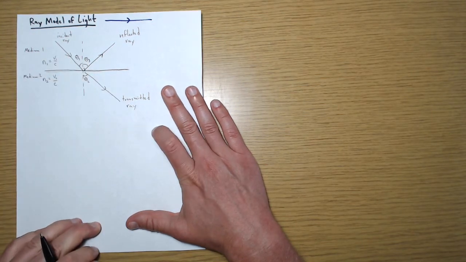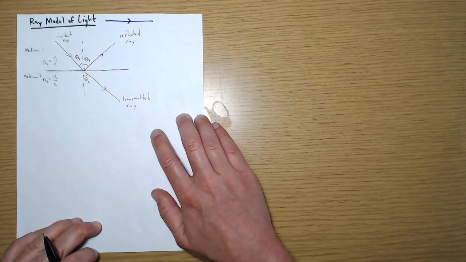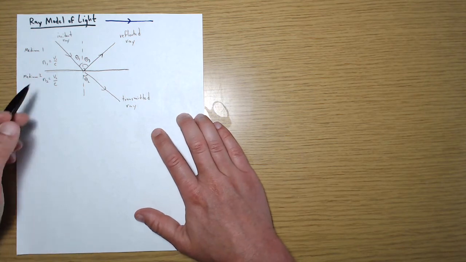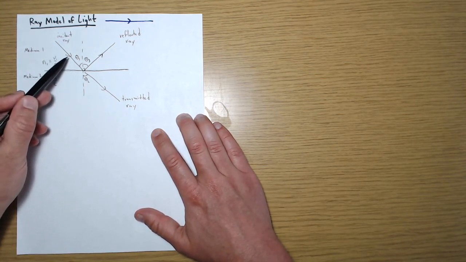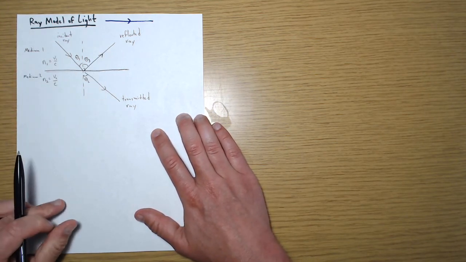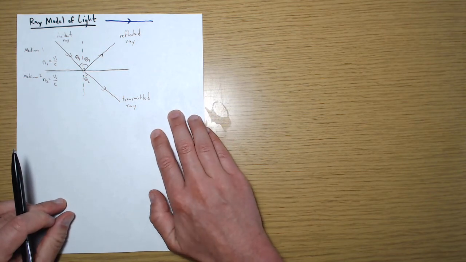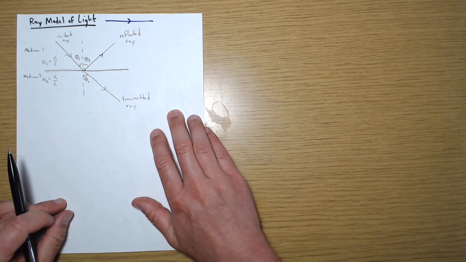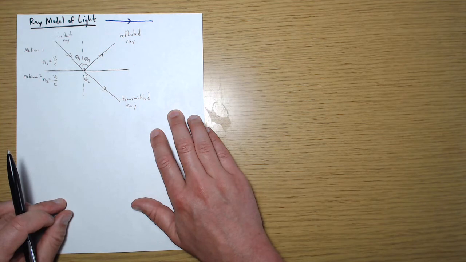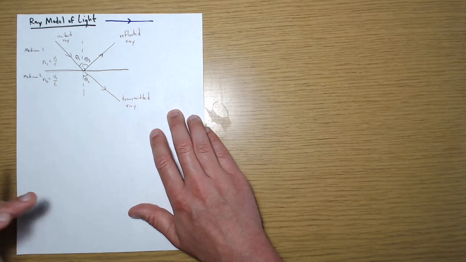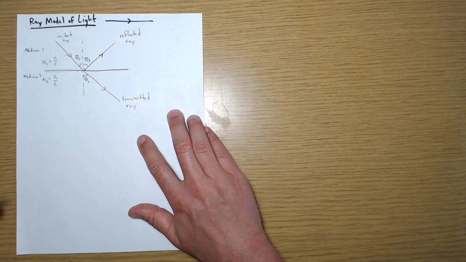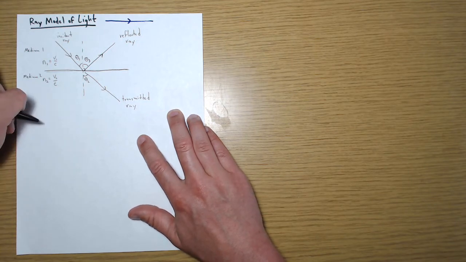Okay, now what determines how much of the ray is transmitted and how much is reflected? Well, in general, there is going to be a reflected ray and a transmitted ray. And this is described by something called the reflection coefficient and the transmission coefficient.